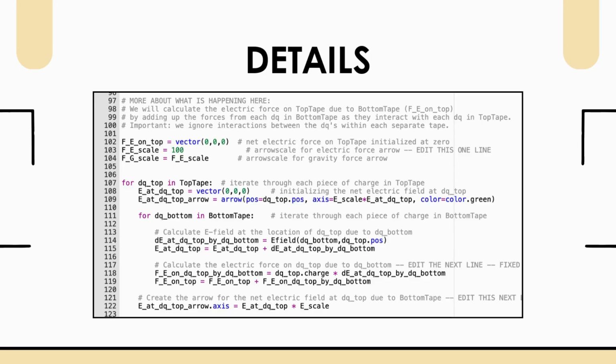Additional details of the coding: the electric field at each charge on the top tape is computed with the E-field function, and a nested loop sums the contributions from every charge element on the bottom tape, applying the principle of superposition. The force on each top element is then calculated using the formula F equals the charge times the electric field, and these forces are accumulated into F_E_on_top to obtain the total electric force.